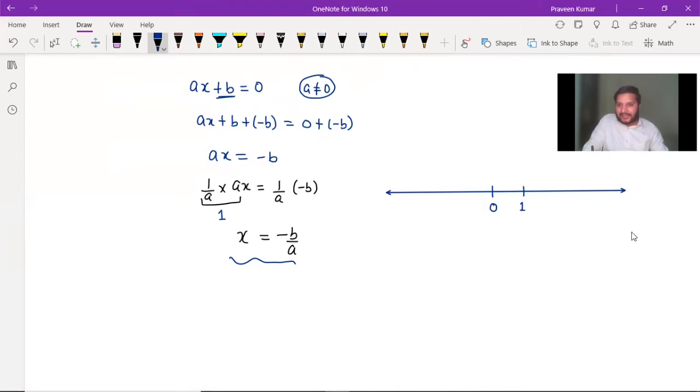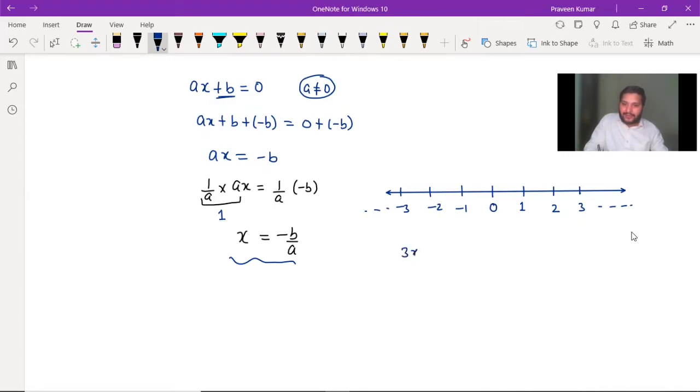Then the same distance will appear like this, and again like this. This is -1, -2, -3. Every time we have to take the unit length jump, on the left hand side as well as on the right hand side. So let us take an example and plot the solution on the number line.